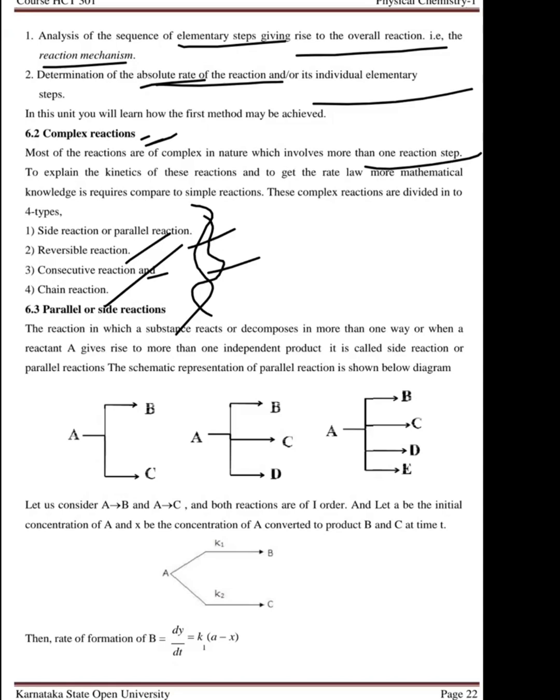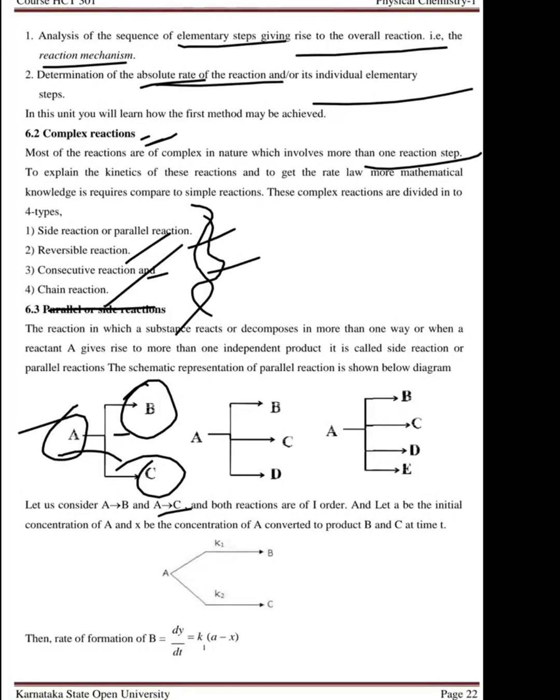First, the parallel reaction. When a reactant A gives rise to more than one product, this is known as the parallel reaction, forming the products B and C. So, for example, let us consider that A gives rise to B and A also gives rise to C. Both the products B and C are formed, and this is the parallel reaction.